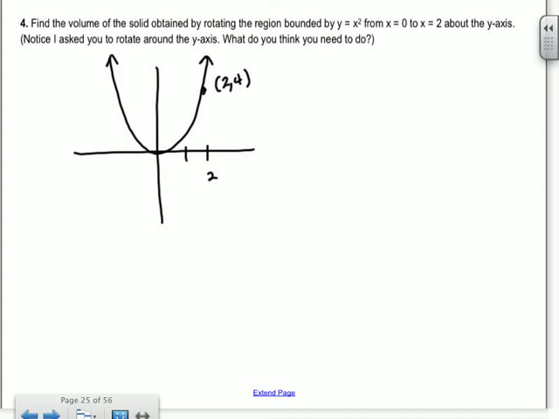Ooh, this is an interesting region. So if you're going from y equals x squared and you're going below that, it's being trapped by that and the x-axis between 0 and 2. So we get that.